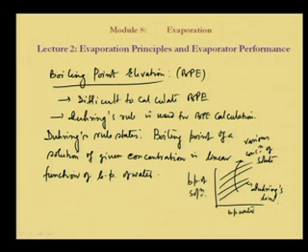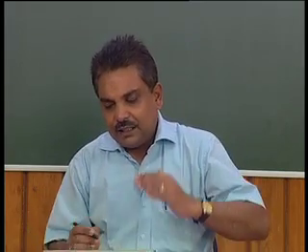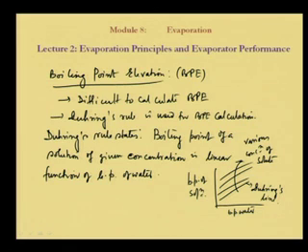Then for other concentrations we can easily find out. Similarly, for other pressures we can find out. Just by knowing that linear relationship and some experimental data, we can find the other values by using Duhring's rule.